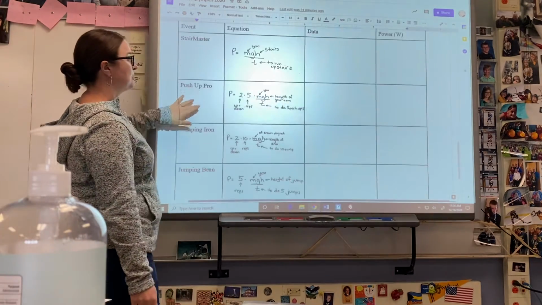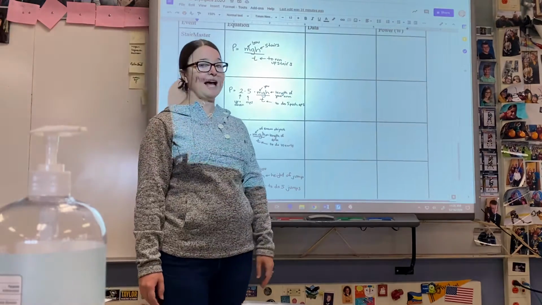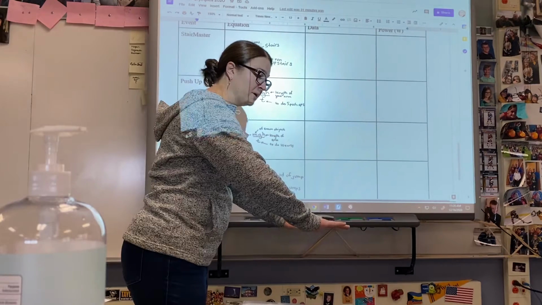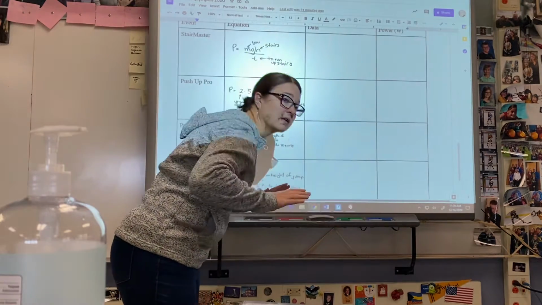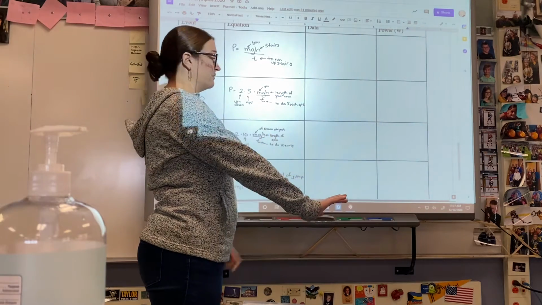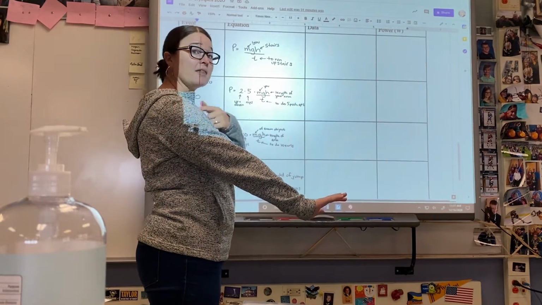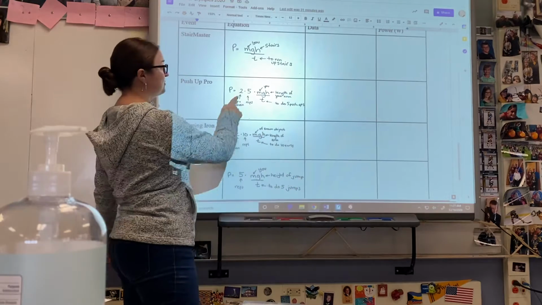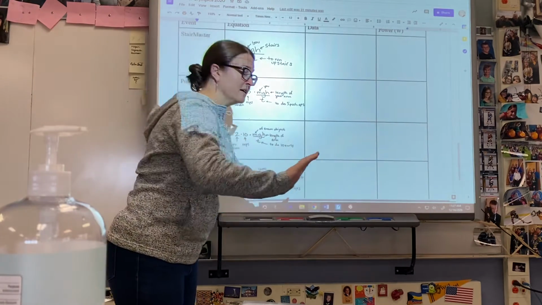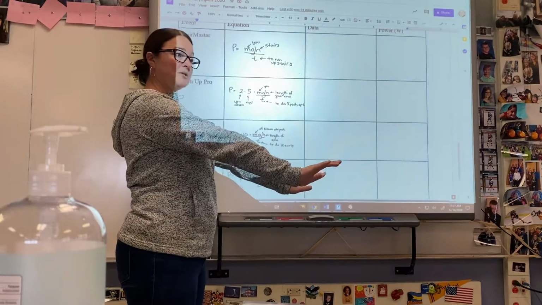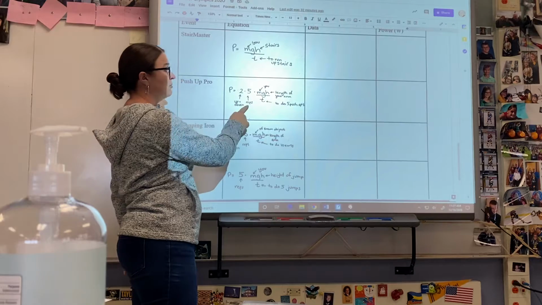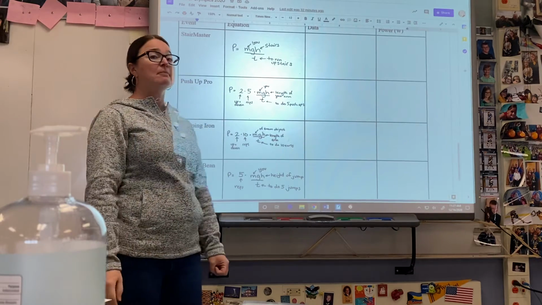The second one is Push-Up Pro, which I will admit I am not, okay? So if you think about when you do a push-up, you're sort of going like this. The distance that you're traveling is really the length of your arm. If you look here, I said 2, because you're really going down and then up, so you're really traveling twice the distance. You're doing 5 push-ups, and you're lifting the mass of you.